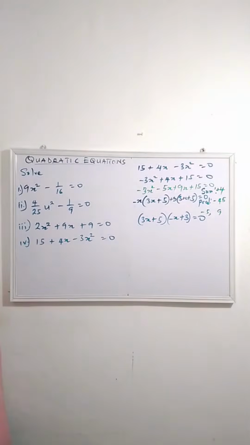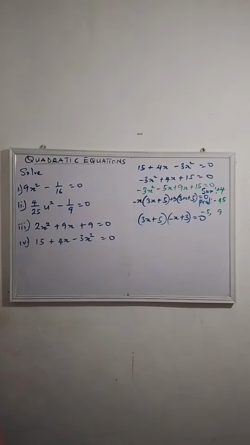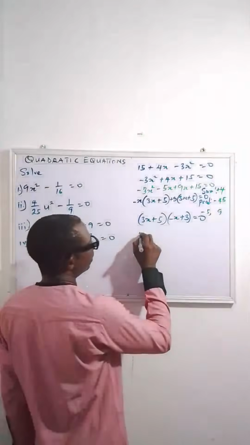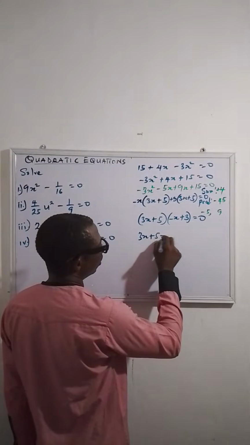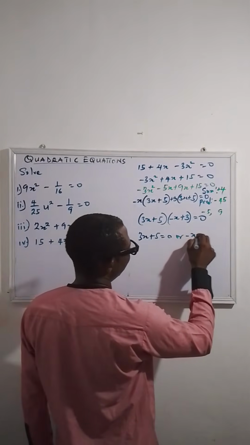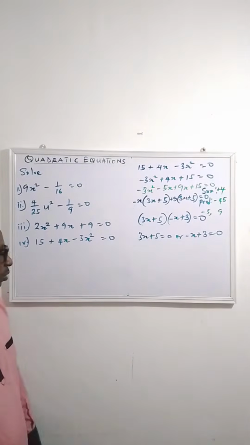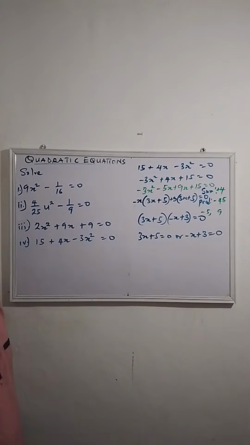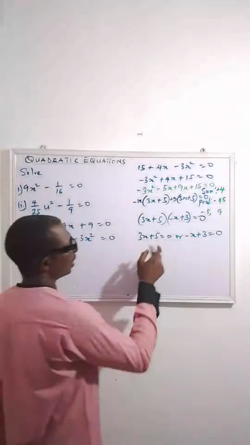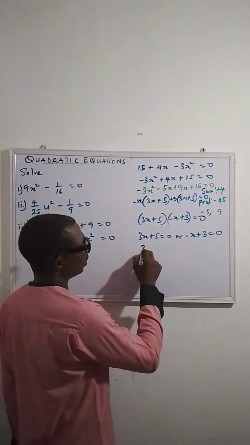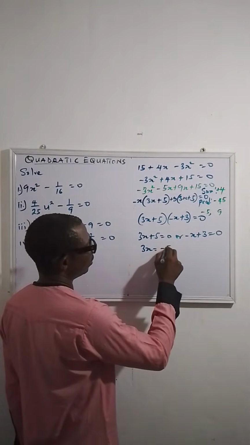All right, so now we have two factors multiplying each other to have a result of 0. So it's either 3x plus 5 equals to 0 or negative x plus 3 equals to 0. Okay, so that's what we have. So now the next thing is to subtract 5 from both sides here. In the first equation, we have 3x equals to negative 5.